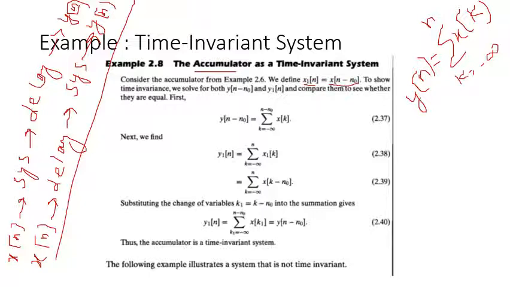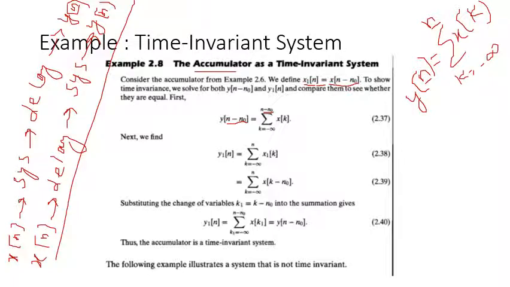The accumulator system counts till n and we find the output at a particular n. If we delay the output, n will be replaced by n minus n naught, and the summation will be up to n minus n naught.